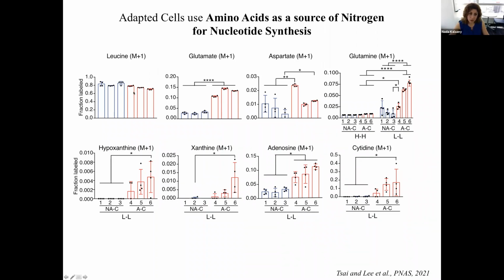And this nitrogen can also be traced into metabolites involved in nucleotide synthesis. As you can see over here, a significant or dramatic difference between the adapted and the non-adapted clones.